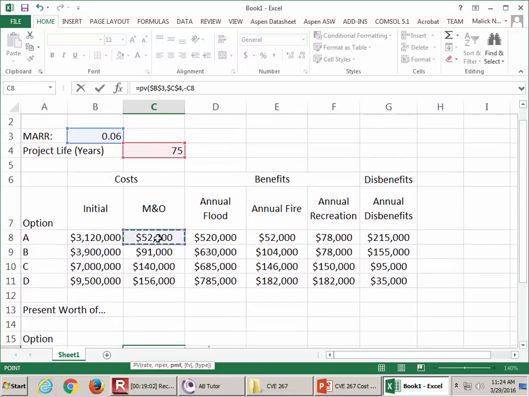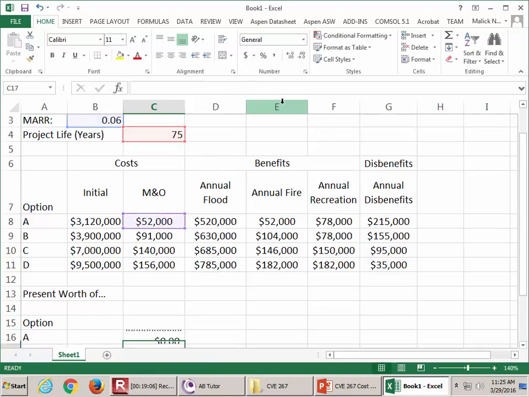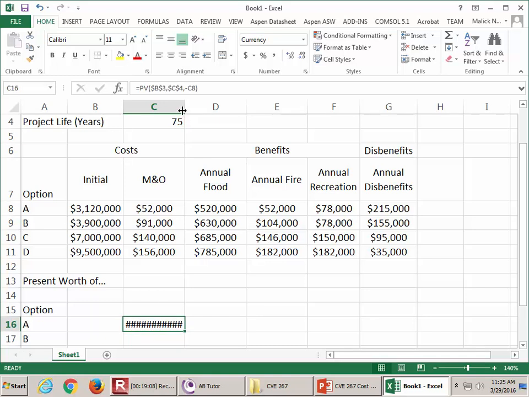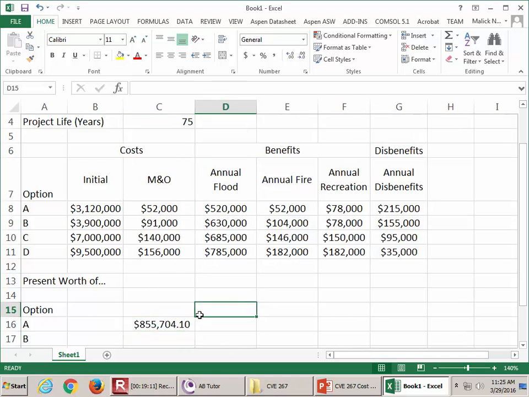That means it's going to be 52,000 75 times. So that tells us that the present value of that payment is $855,704. So the PV function will do what you need it to do for this one.